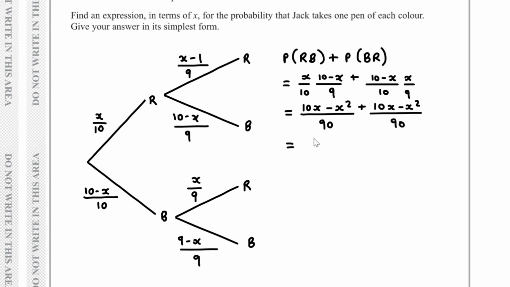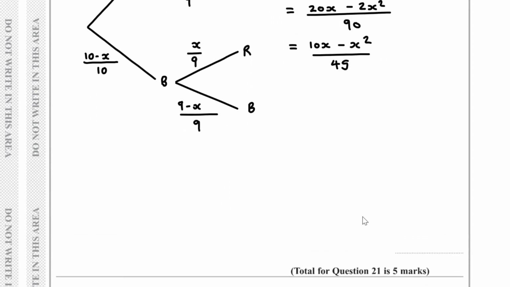If we write them over a common denominator of 90, we have 10x plus 10x, which is 20x, and then minus 2x squared, and on the bottom we've got the 90. If we simplify all this, it turns out we get (10x minus x squared) over 45. So this is our final answer: (10x minus x squared) over 45.